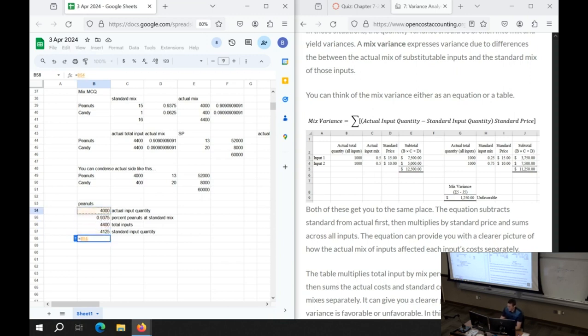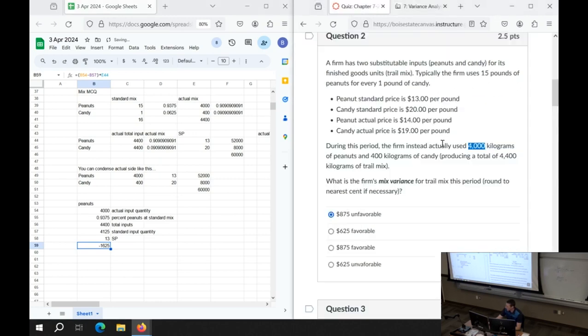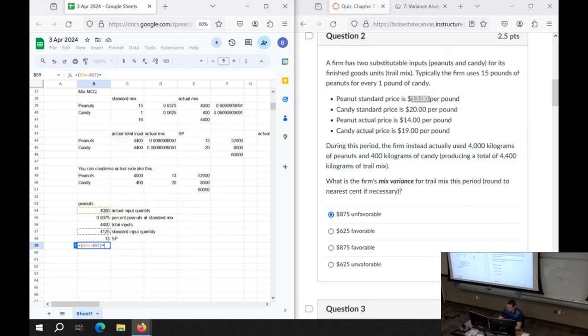And so we can take our actual minus our standard, just following this equation right here, and multiply it by the standard price for peanuts, which is $13. In fact, let's go ahead and put that here in our process. Let's copy it over from the question. $13 is our standard price, and so let's reference that right here.